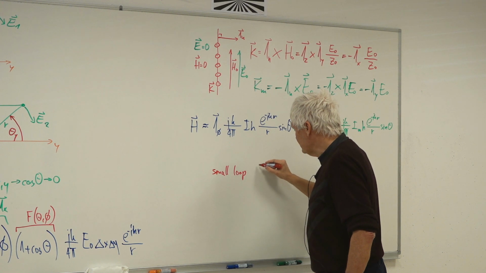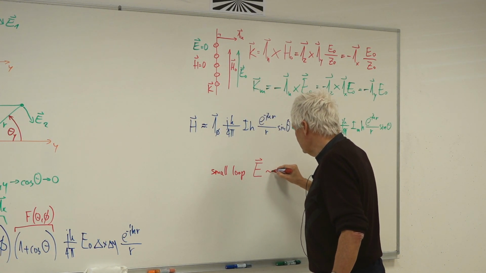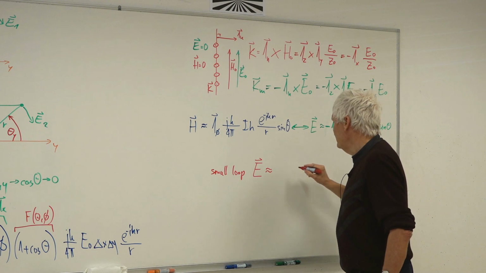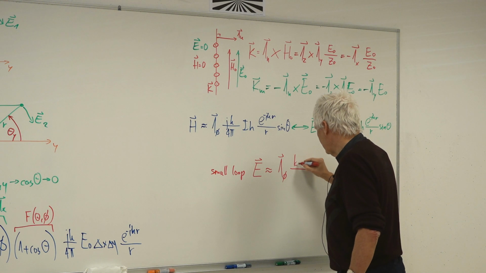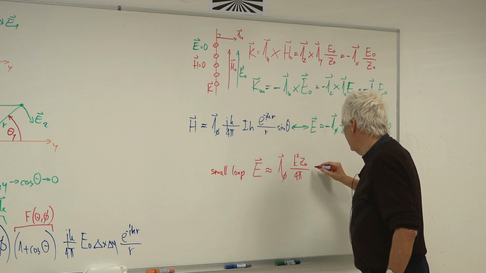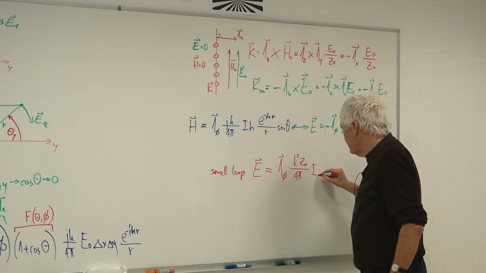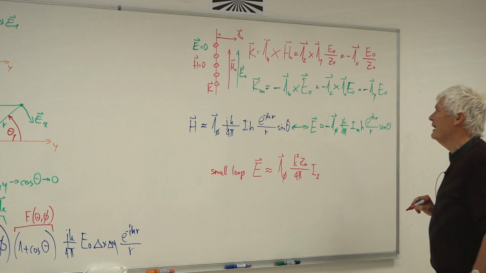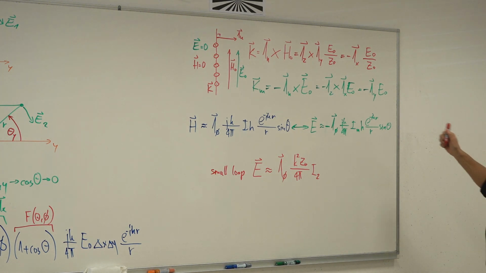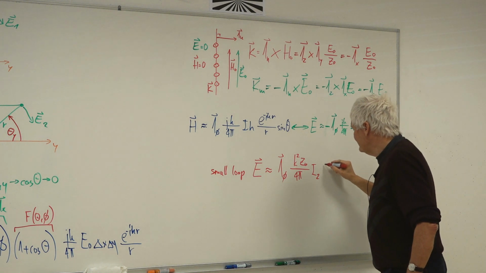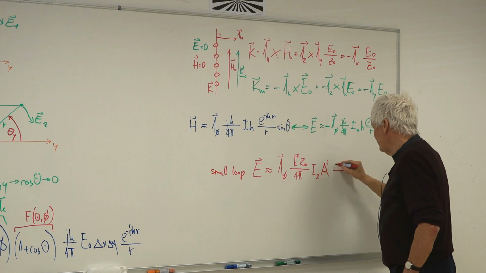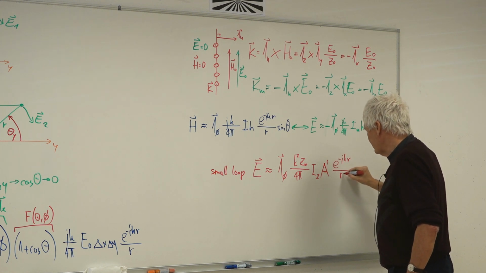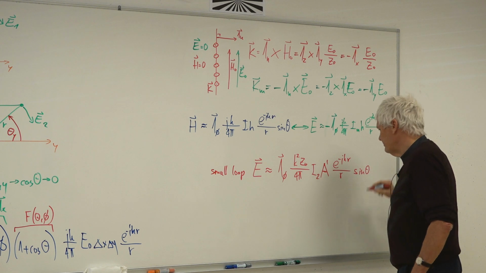The equation we had over there was E was just the radiation term, 1 phi, the direction, k squared z0 over 4 pi, electric current, I will call it I2 now, times surface of this loop, e to the minus jkr over r sine theta.